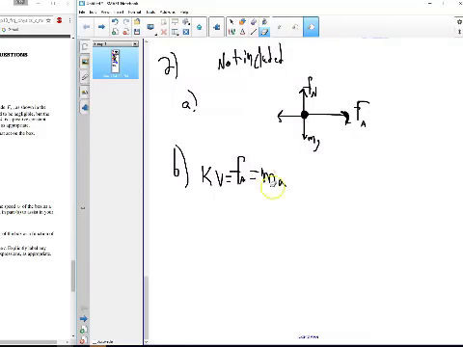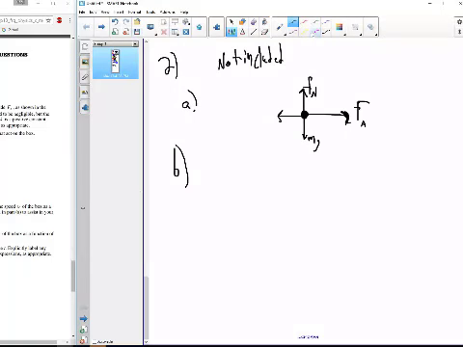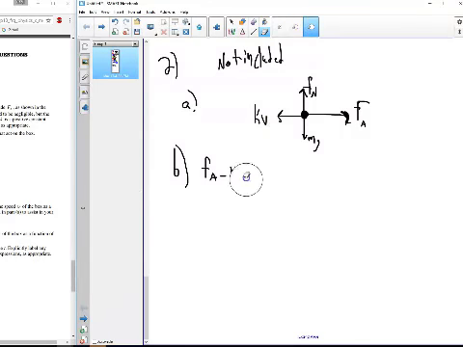I'm going to erase all of this. So FA minus KV is equal to MA.